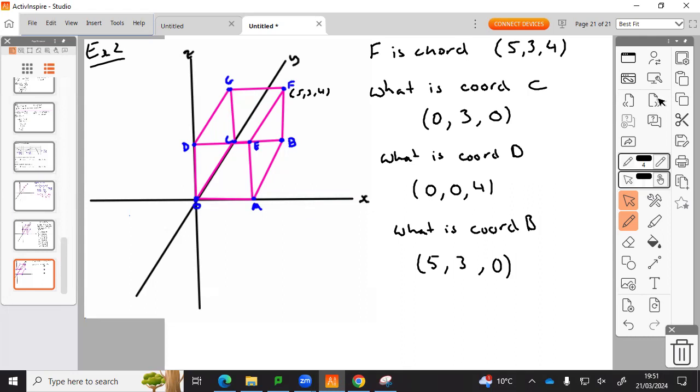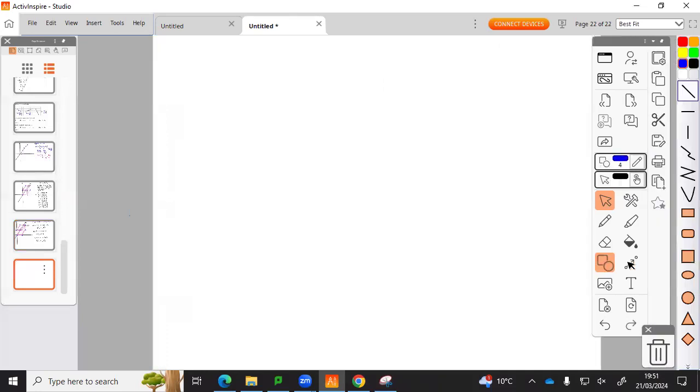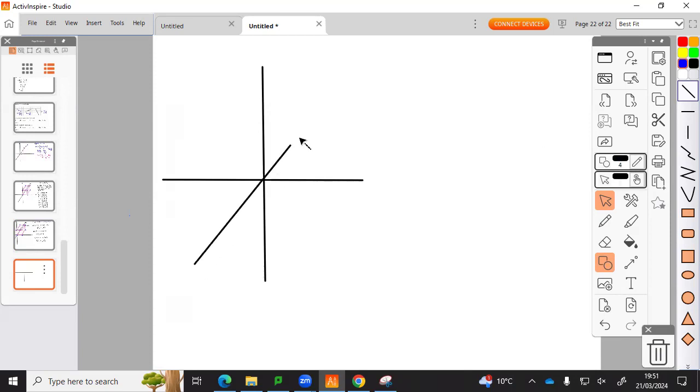I just want to do one more 3D shape, just so you have it, and that's again using the XYZs. But I want to show you that Z again.